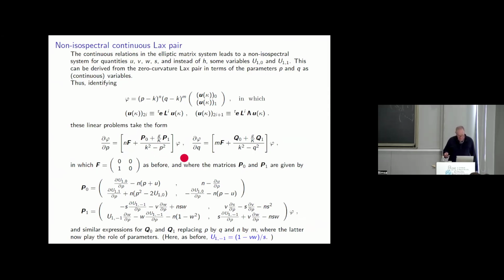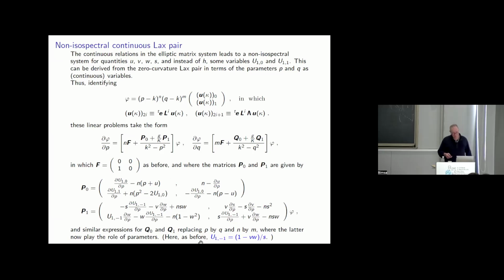That's why it's non-isospectral. So this has a pole p squared, which is basically the variable, and here q squared. And that gives rise to a non-autonomous system. The matrix coefficients here are given in explicit form, and again that follows from the elliptic matrix system.